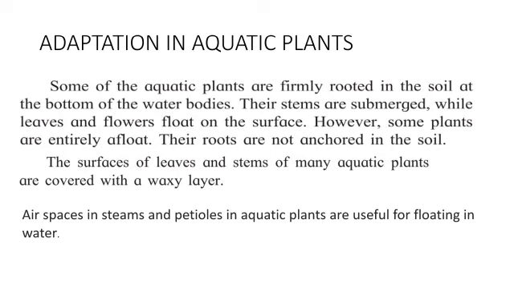Now we will see adaptations in plants. Now first we will see adaptation in aquatic plants. Visit various water bodies such as river, brook, pond, lake in your surroundings. What differences do you observe between terrestrial and aquatic plants?